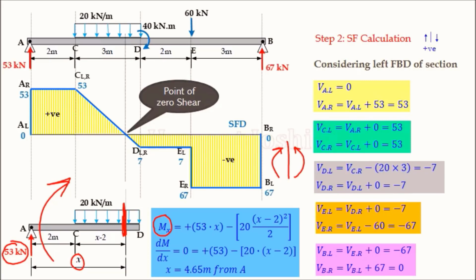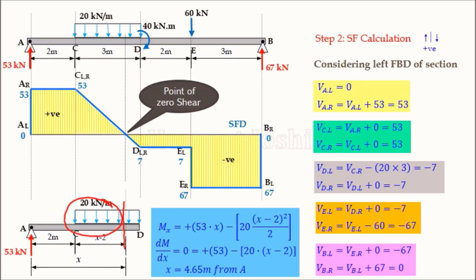And I gave one more term. You can call it happy, or you can call it out. So out is positive, that is, sagging is positive. So 53 into x, out, so plus 53x. Second load is UDL, section is here, this much is the UDL. So intensity is 20, distance is x by 2, acting at the center, x by 2 upon 2.